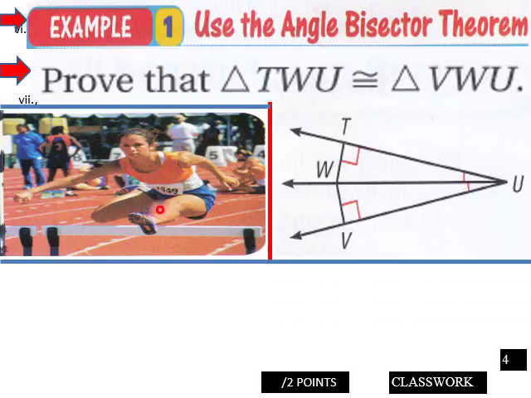Okay, example 1, use the angle bisector theorem. Prove that triangle TWU is congruent to triangle VWU. So these two triangles here, we want to prove that they are congruent.